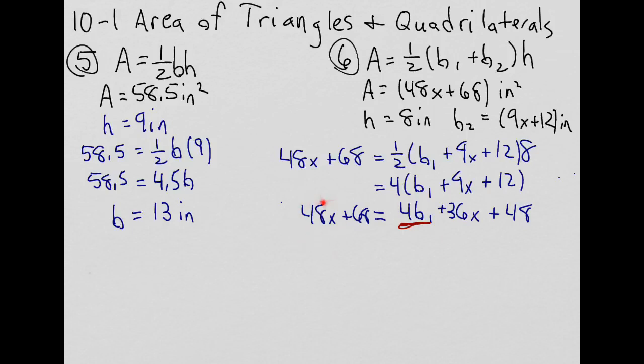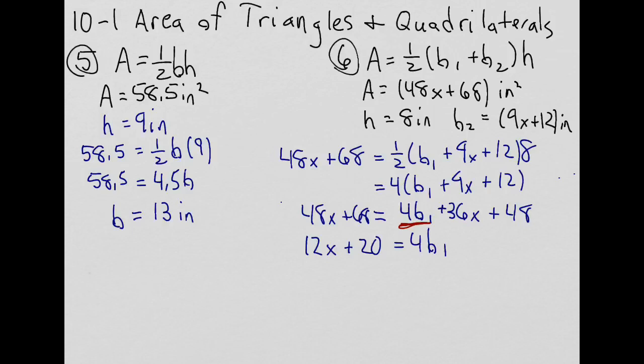All right, so let's see. I do 48x minus the 36x. Well, that's pretty easy. 48 minus 36 is 12x. And then 68 minus 48 is 20. And all I've got left is 4b1. All right, almost done. The last thing I need to do is get the b sub 1 alone, to divide by that 4.